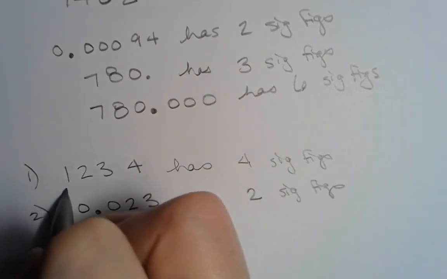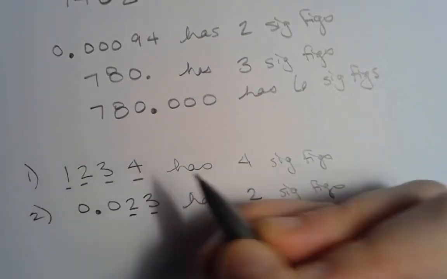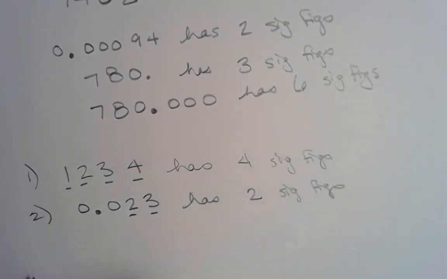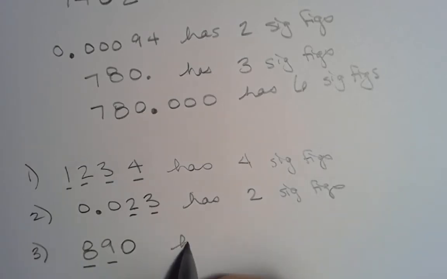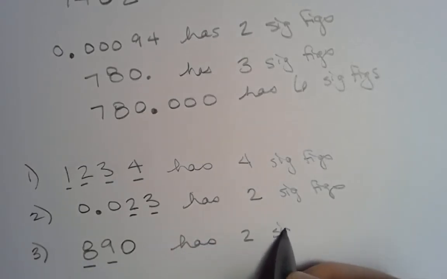These are significant. All 4 of these are significant. Number 3 gives you this number. And you're getting yourself in the habit of, does it have a trailing decimal? In number 3, no, it does not. There is no trailing decimal. 8 is significant. 9 is significant. There's no trailing 0 here. This has 2 sig figs.